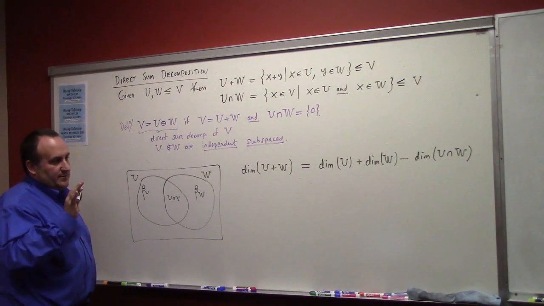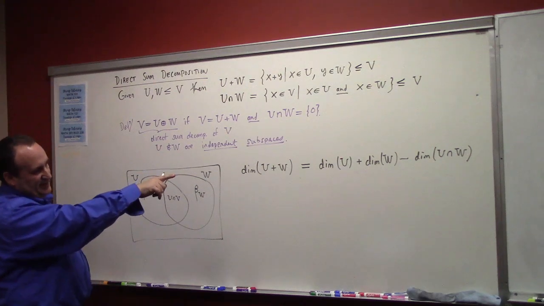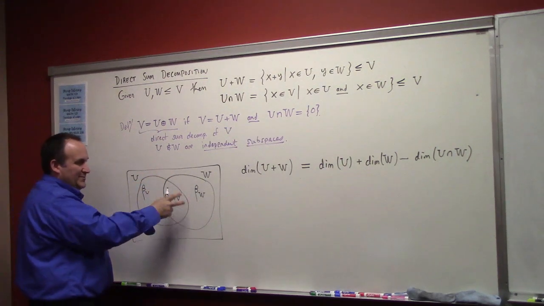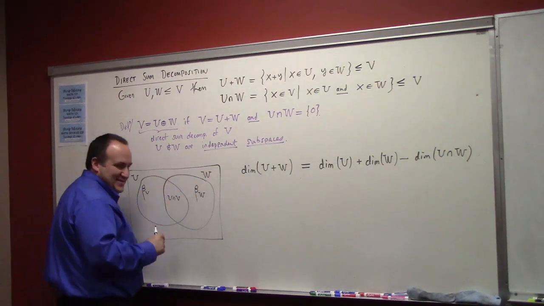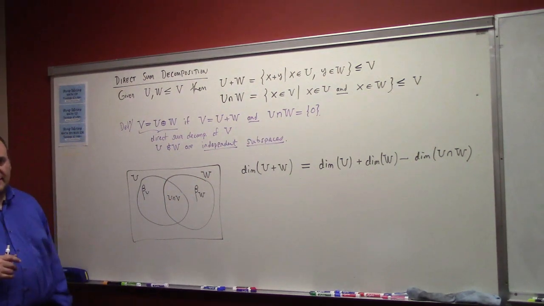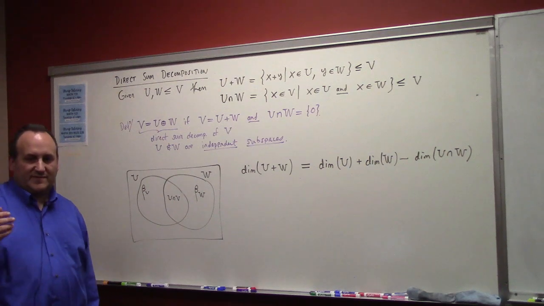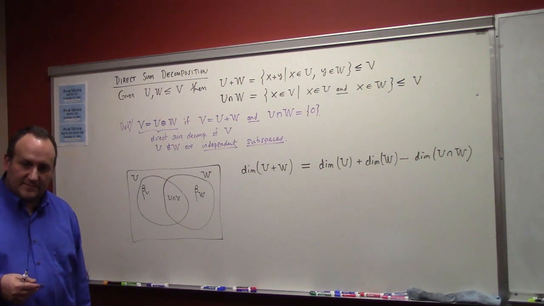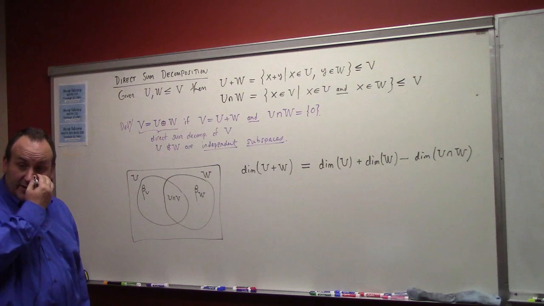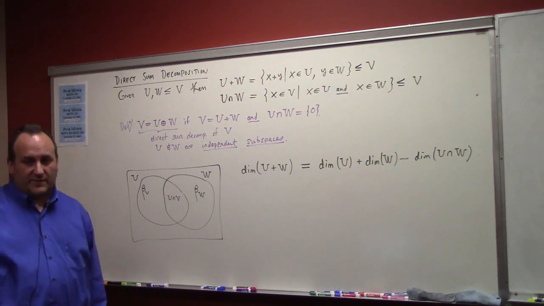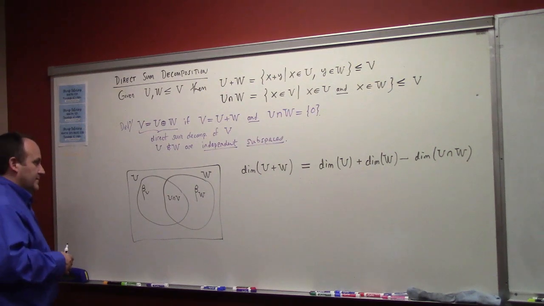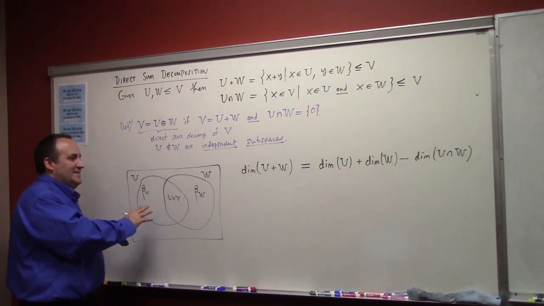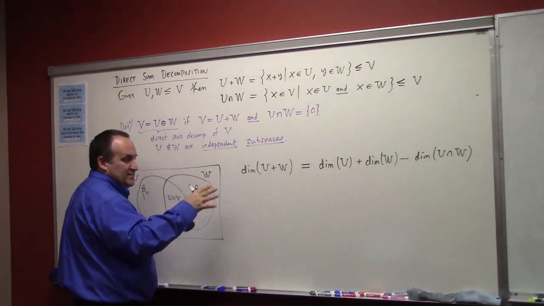So, yeah, we subtract the dimension of the intersection because otherwise we'd be double counting it. But this is not cardinality, because of course every one of these is infinite. There's infinitely many vectors in each one of these, assuming we're working over a field of characteristic 0, an infinite field. So this has to be a statement about bases.